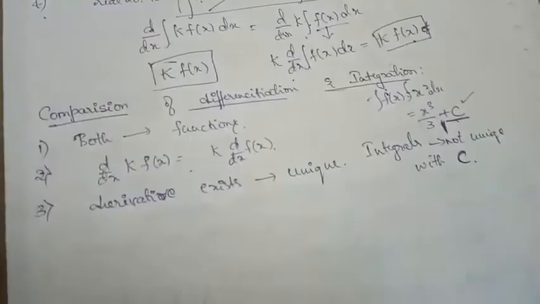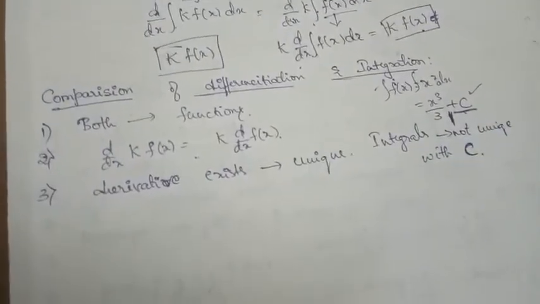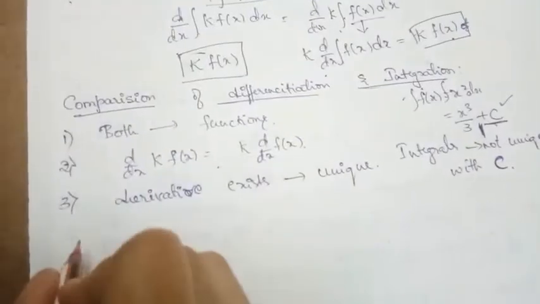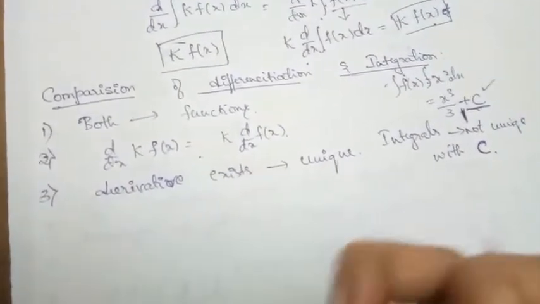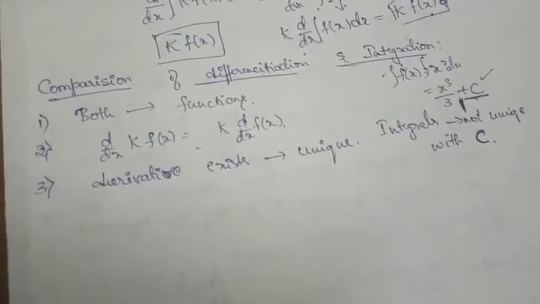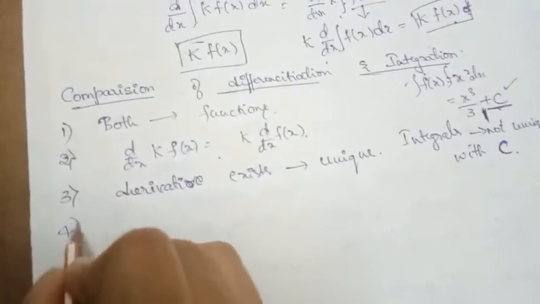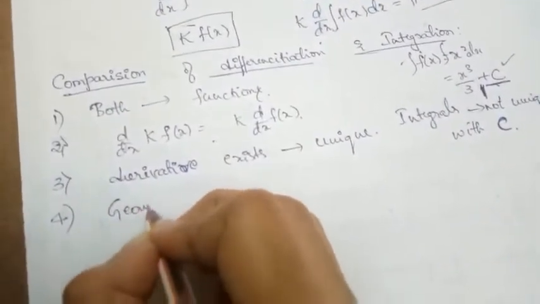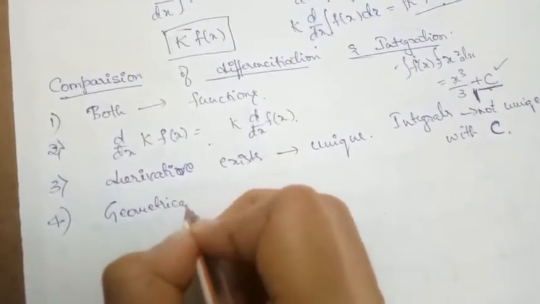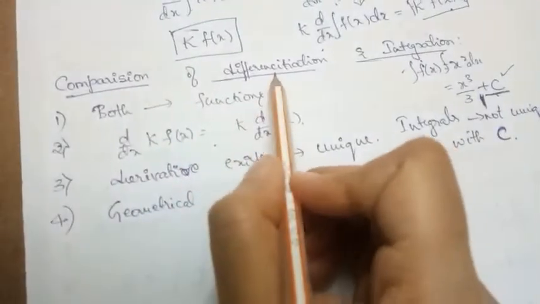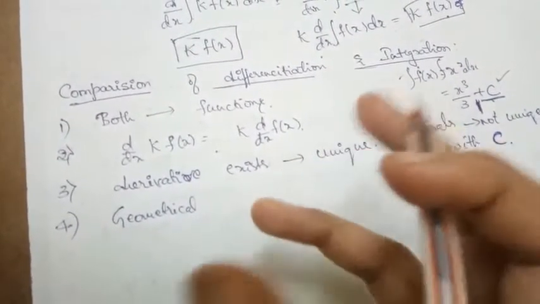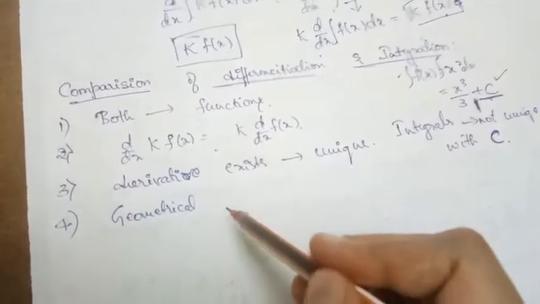So after doing an integration, the integral we get is not unique, like the derivative, which is unique. And then the geometrical representation. In differentiation, what does a derivative say?